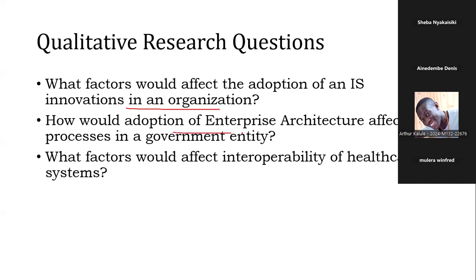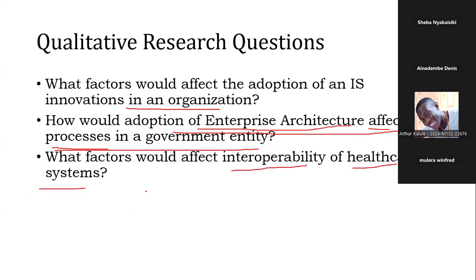Or the effect of adoption of enterprise architecture on processes in government entities. For those government entities that have adopted enterprise architecture, what effect has it had on ICT processes? That's also exploratory. Interoperability of healthcare systems, what factors affect it? That's also exploratory in nature.